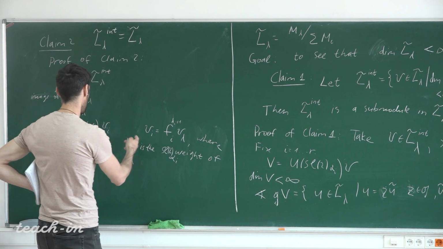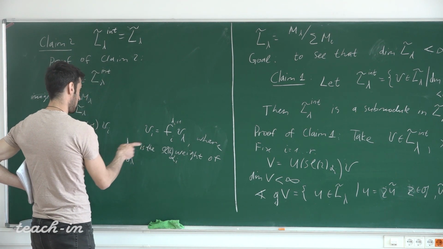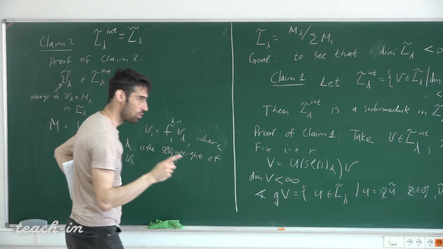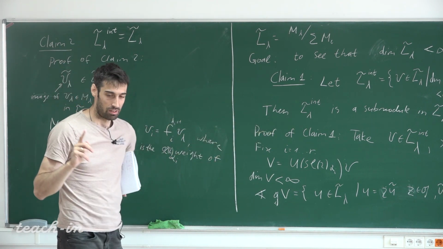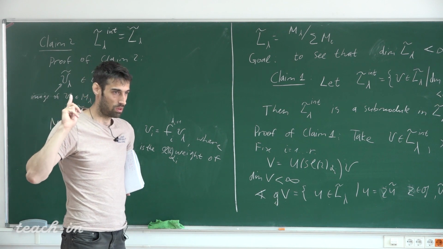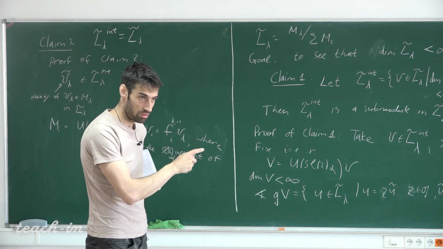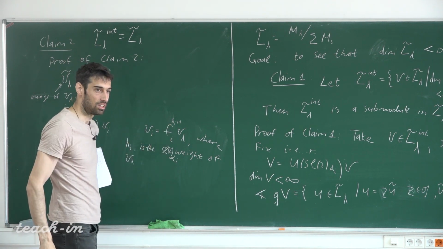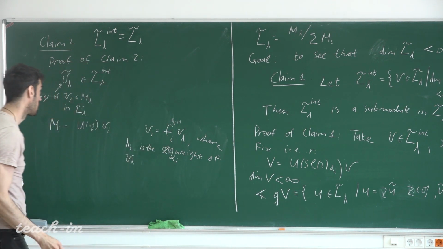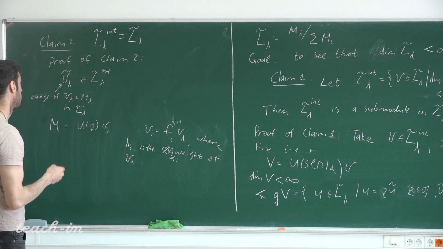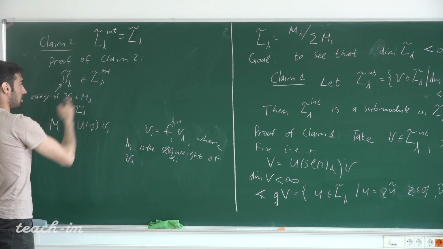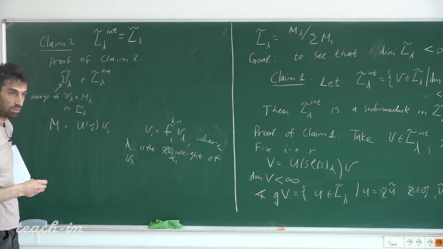So therefore v lambda, and this can be done for any i. If we try to go by f's for any SL2 alpha i, we will hit 0 at some point. Right? So that was exactly the point of this construction. And v lambda, therefore, by definition, is in L lambda integrable.